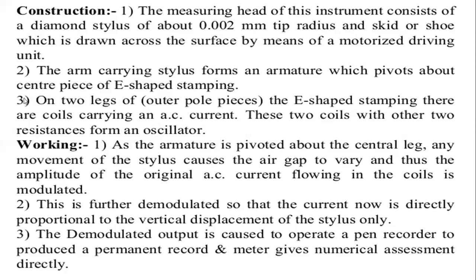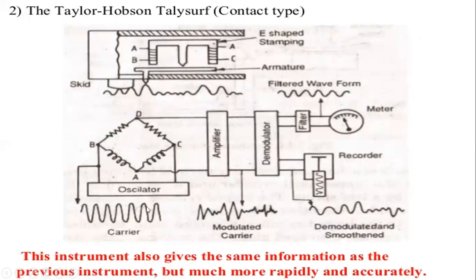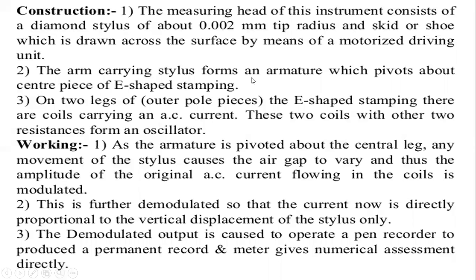These two coils with the other two resistances form an oscillator. You can see the oscillator in the picture. This is the oscillator which comes from the E-shaped stamping. So this is the construction.